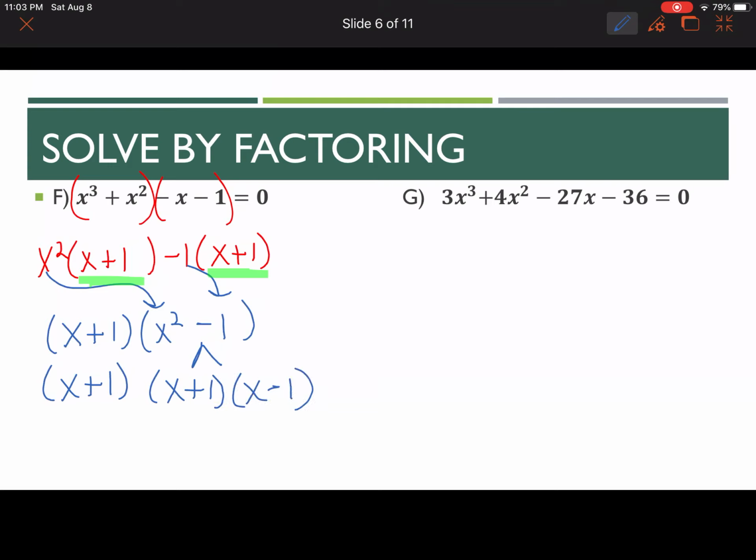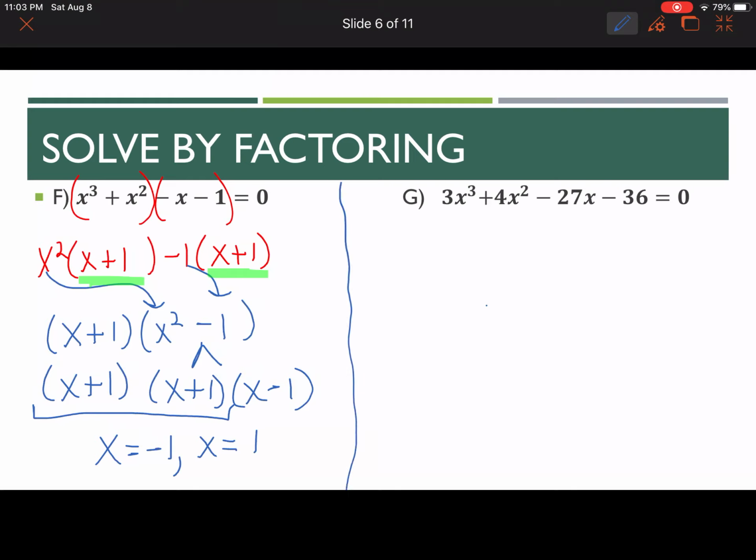So our 3 factors are x plus 1, x plus 1, and x minus 1. This is a double root, and we'll talk about what that looks like on a graph a little later. But for now, we're just solving. So we have x equals negative 1 and x equals positive 1. You don't have to list x equals negative 1 twice.